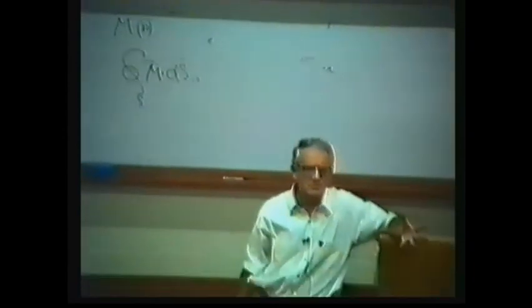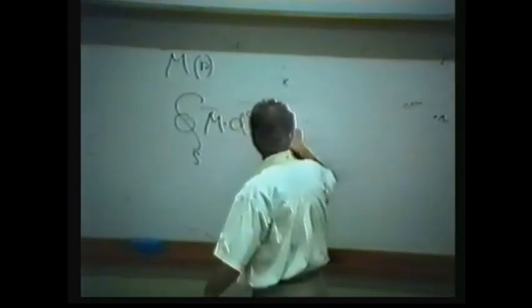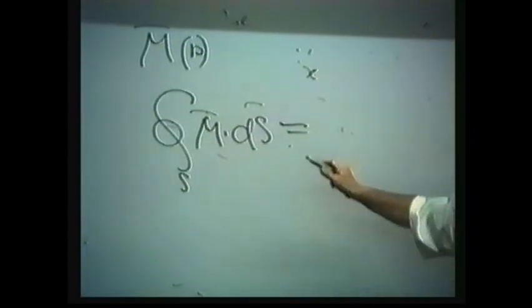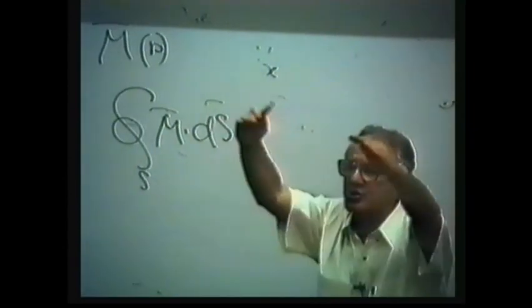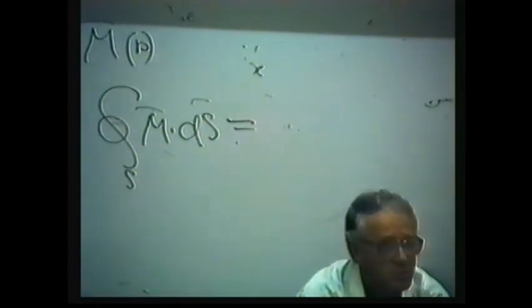There is a word, flux. Flux through a closed surface. This flux, with accuracy of a constant, tells you the amount of sources inside this surface.